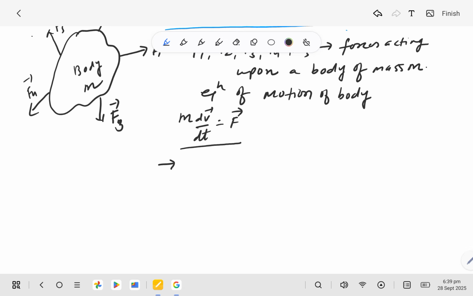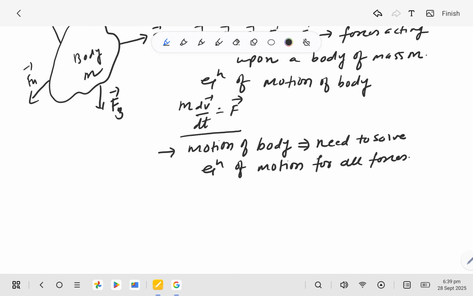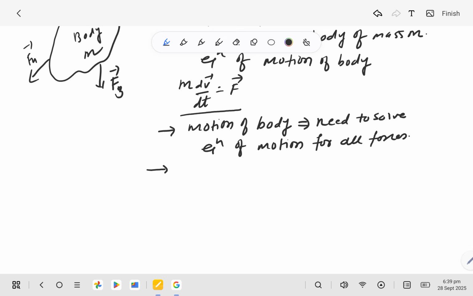Then we can understand the motion of this body. So to understand the motion of this body, we need to solve the equation of motion for all forces. So in this way the problem will be more complex.